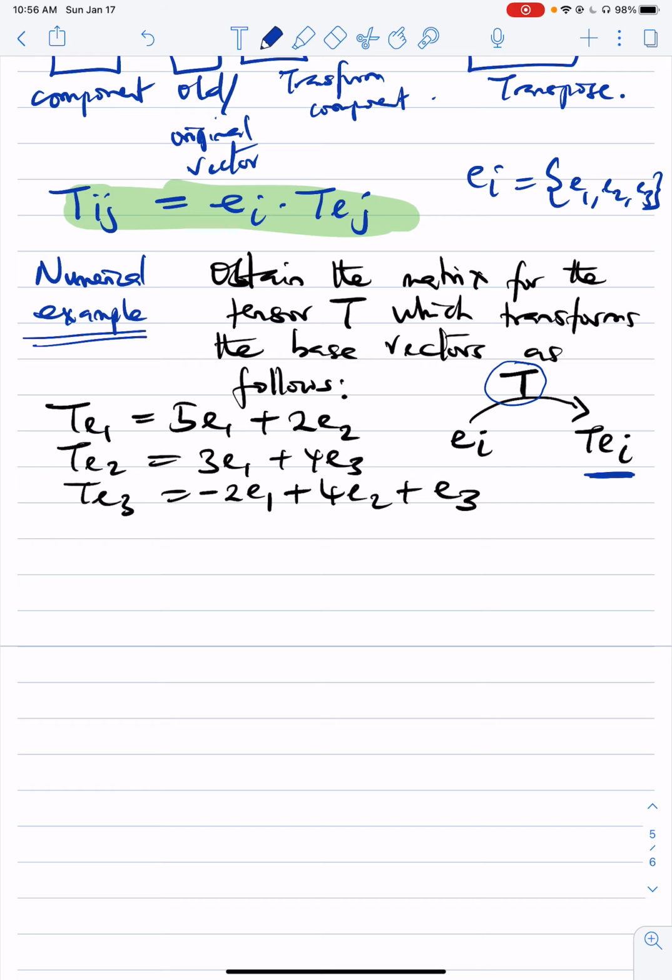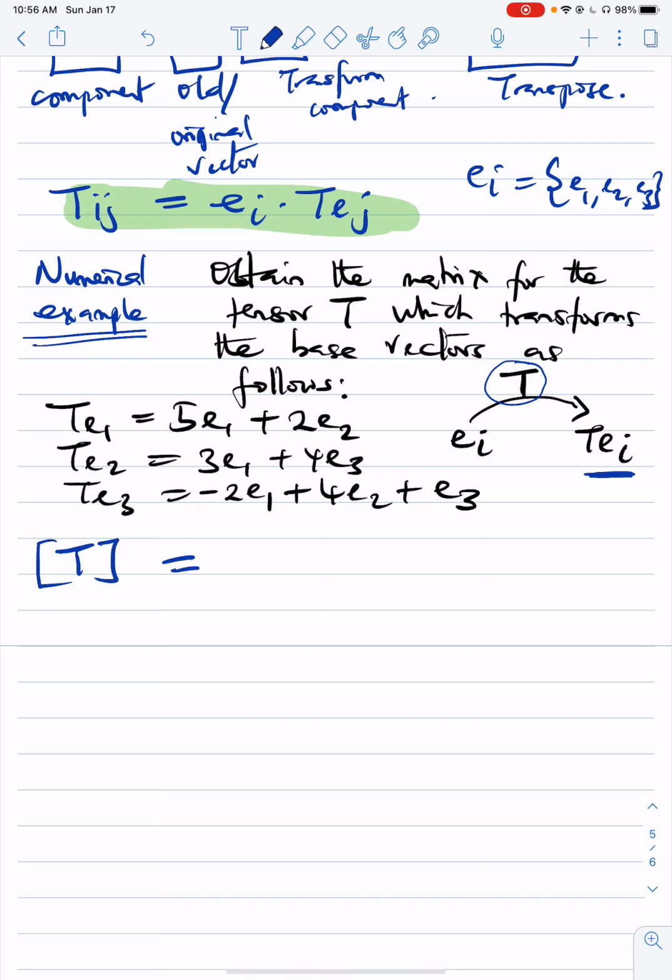This is quite simple, right? You just simply need to look. To find this T, you see the TEi has been expressed in this and this, so all you need to do is look closely. For TE1, we have 5 in the E1 direction, 2, and 0, because we need terms from E1, E2, and E3.